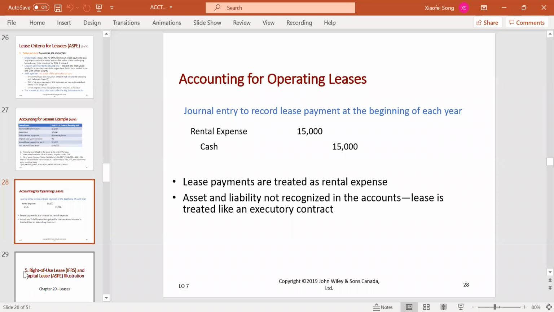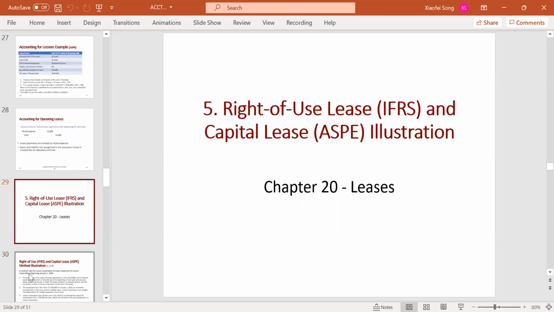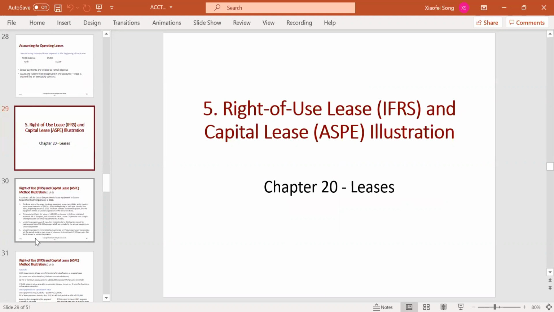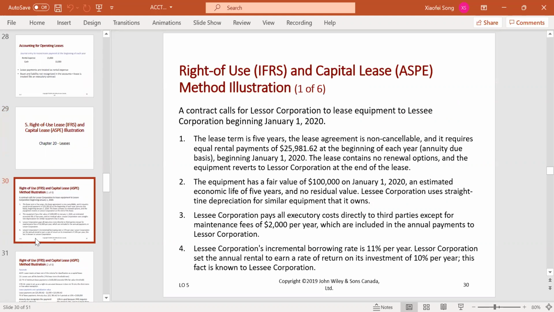Okay, so now let's contrast IFRS 16 and ASPE's accounting for leasing. These are the information about the lease. A contract is made for Lessor Corporation to lease equipment to Lessee Corporation beginning January 1st, 2020.